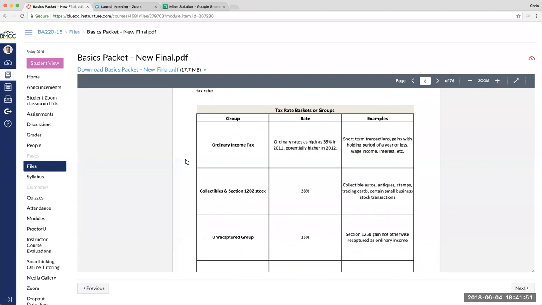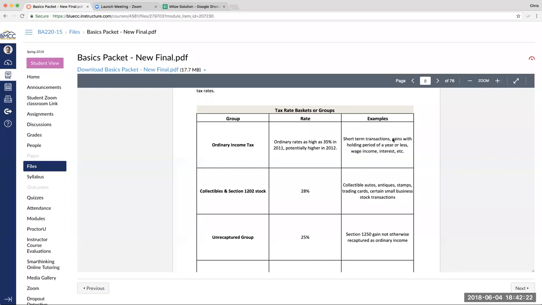And so we have on the inside flap of our book those tax brackets that we referenced the very first day of the term, where they were 10% and 15% and 25 and 28 and 33 and 35 and 39.6, and they were just different brackets.